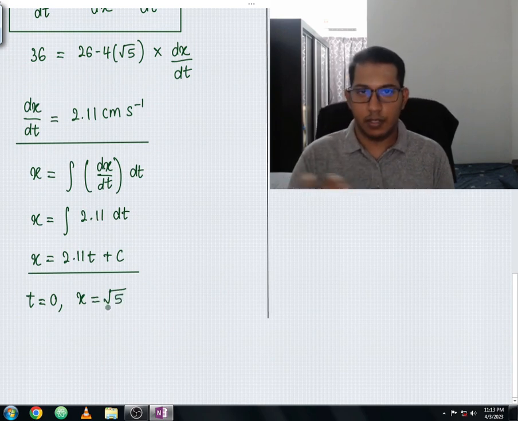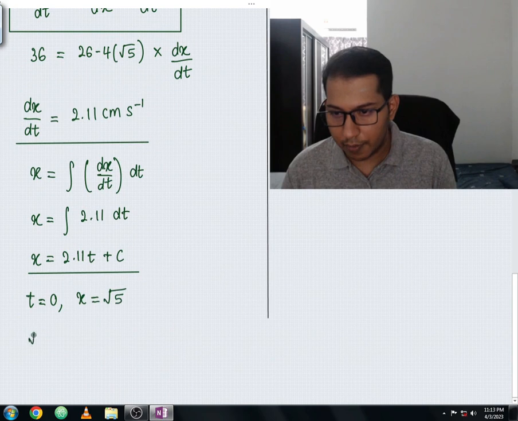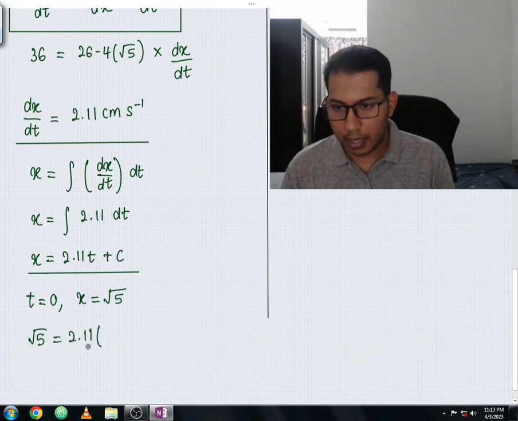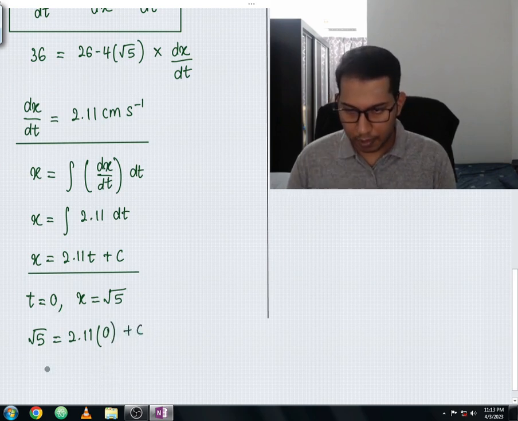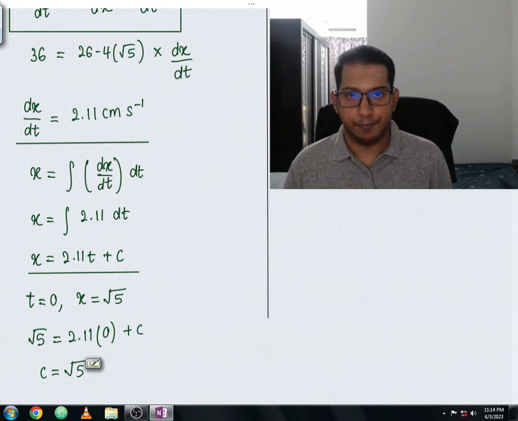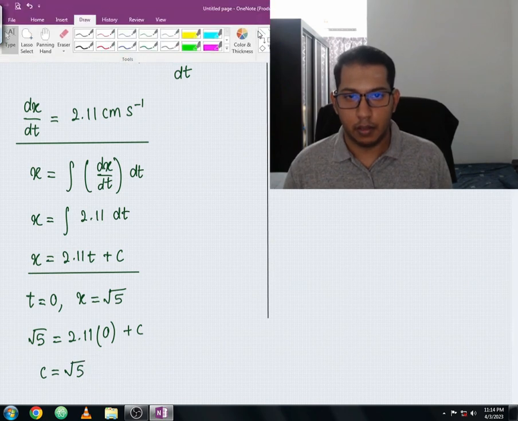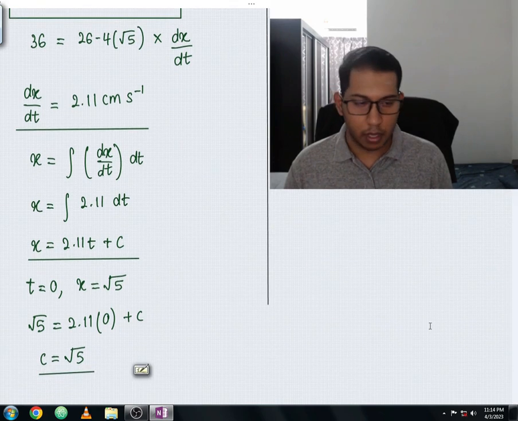So we can use these two pieces of information and substitute into our equation over here. Root 5 equals 2.11 times t, in this case 0, plus c. So you calculate this and you get c equals root 5.